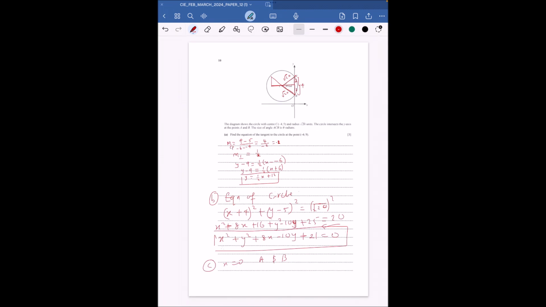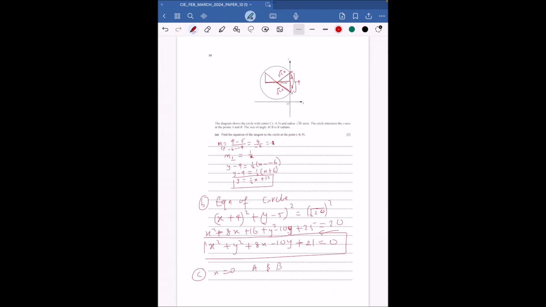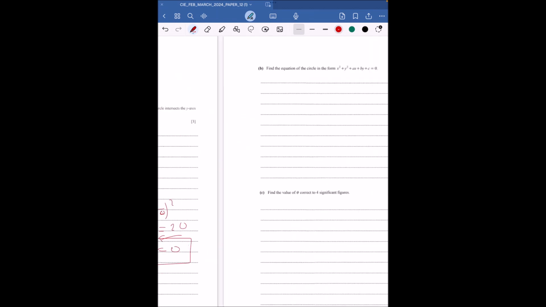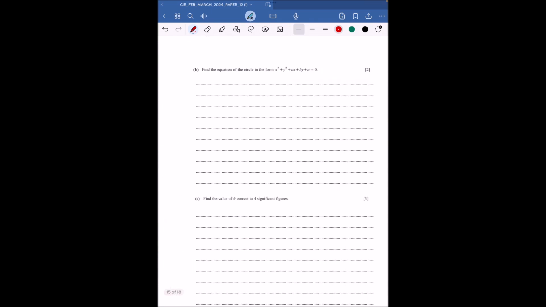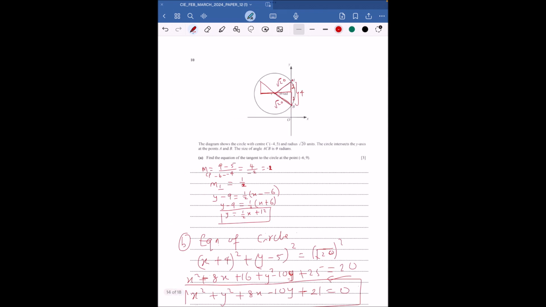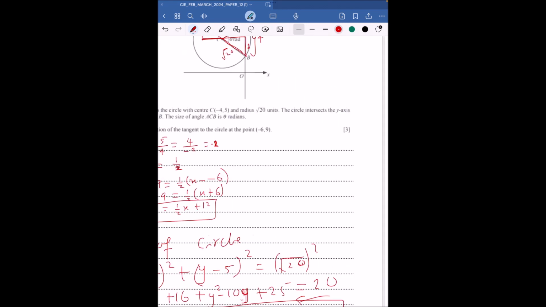So I can use cosine rule to solve that. Or you can also use, when x is 0. So there are two methods. So when x is 0, you get y squared, what was my equation? It's y squared minus 10y plus 21.